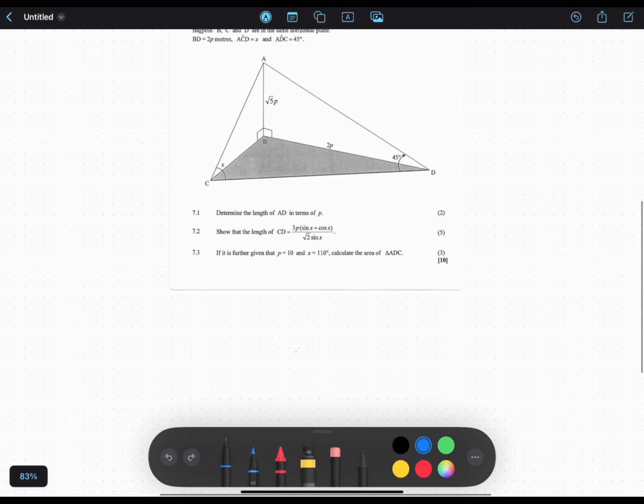This length, the length of AD, they want us to determine that, right? So for us to get that length, you can use the theorem of Pythagoras. If you check, it's 90 degrees here.